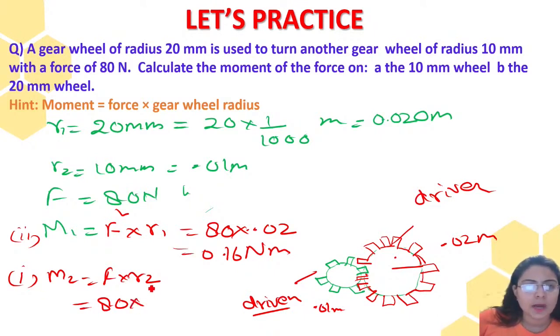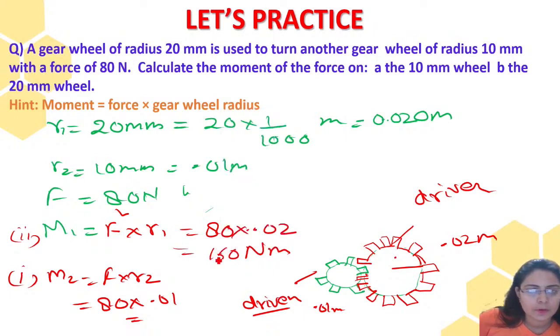So 80 into R2, which is 0.01, will be equivalent to 0.8 Newton meter. I'm so sorry, I made some mistake in this. 80 into 2 will be equal to 160. 80 into 2 will be 160.